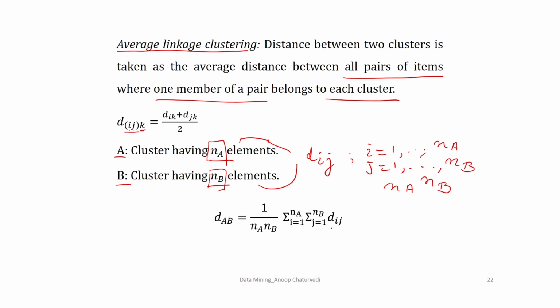So, we take the summation of d_ij over all i and j, and we divide it by the total number of pairs, and then we get the distance between clusters A and B. So, this is how we calculate the distance between two clusters in average linkage clustering.